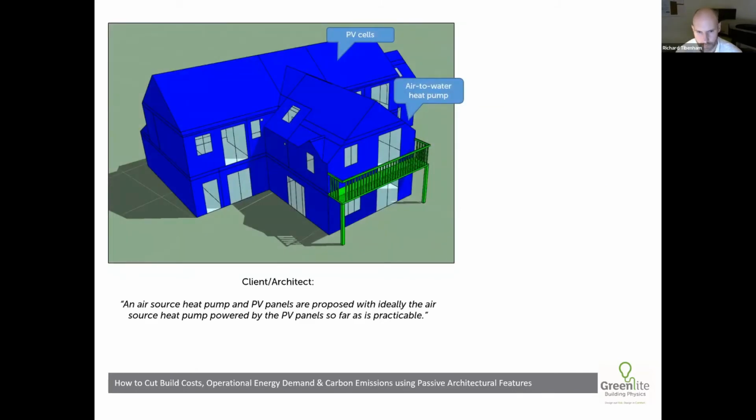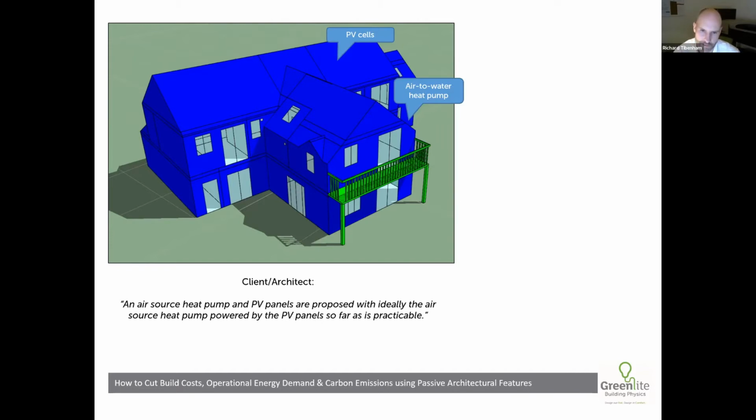So the case study that we're looking at here was actually a project which came into the office a few weeks ago. And I thought it would be an interesting project to unpack for today's webinar, because either the client or the architect said that there is an air source heat pump and PV panels proposed, with ideally the air source heat pump powered by the PV panels so far as is practicable.